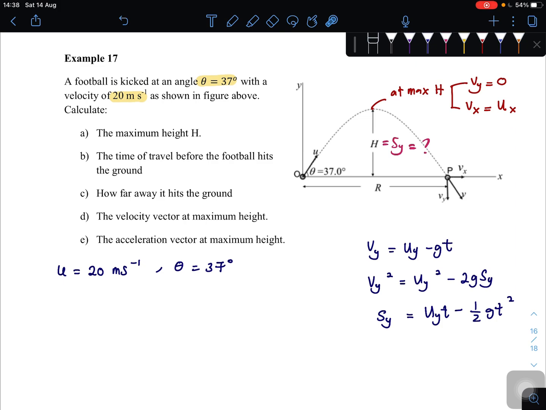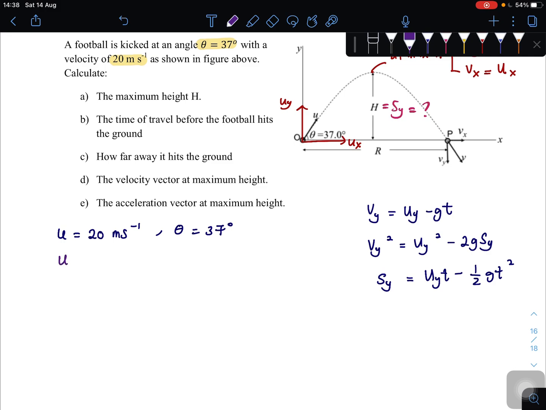Since we are given here the initial value, which is the value for U, we need to resolve into two components. So we have Ux here and then Uy here. So we need to find this Uy and Ux first. How to find this? It's easy. You just use the formula. Ux is equal to U cos theta and Uy is equal to U sin theta.